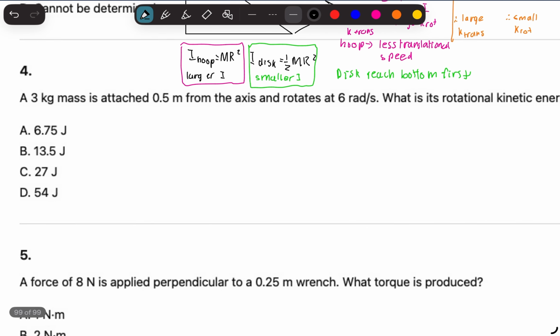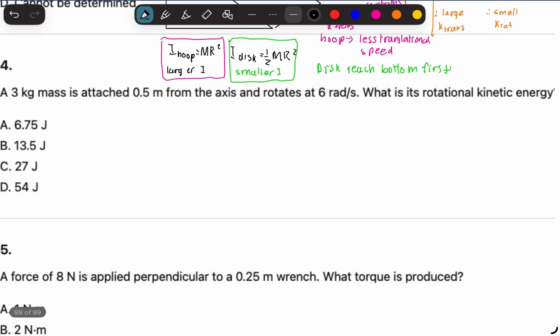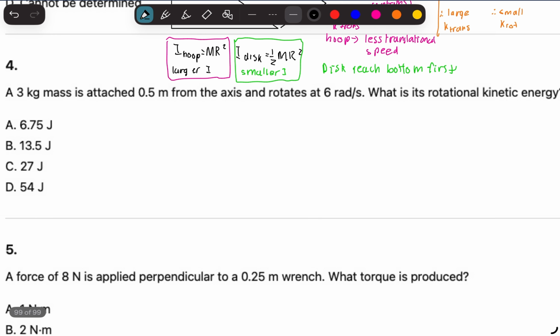Now a 3 kilogram mass is attached 0.5 meters from the axis and rotates 6 rad per second. What is the rotational kinetic energy? So we're going to treat this mass as a point mass, and that's going to be I is equal to mr squared for a point mass. So we'll compute the inertia, which is going to be 3 times 0.5 squared.